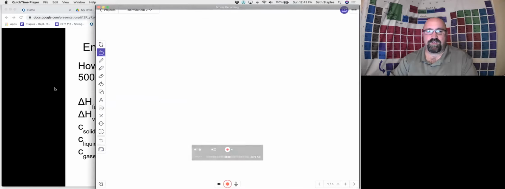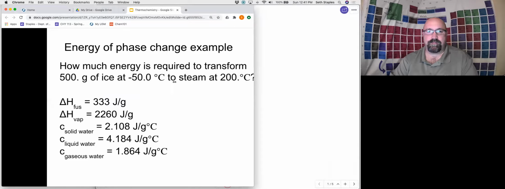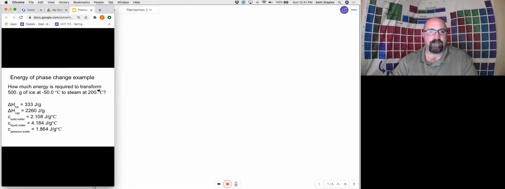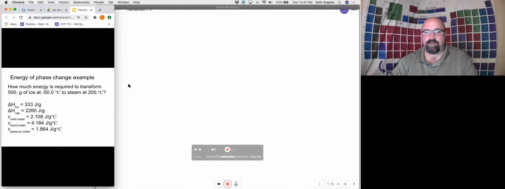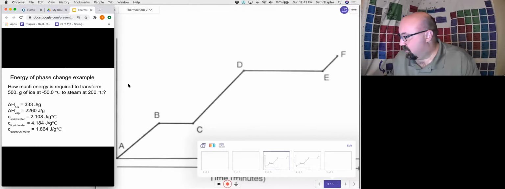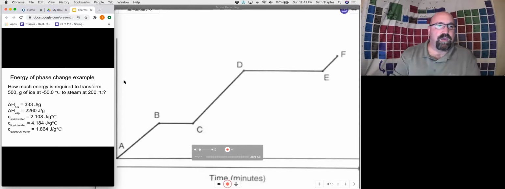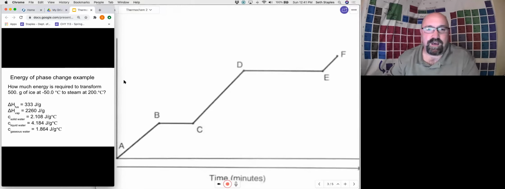Let's just shrink down our presentation here a little bit. We're still going to keep those values there because we're going to need those. And let's take a look at each of these phases. And so we have 500 grams of ice going from -50 all the way up to 200.